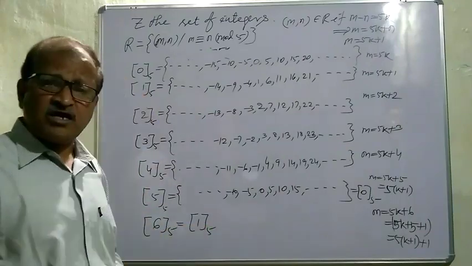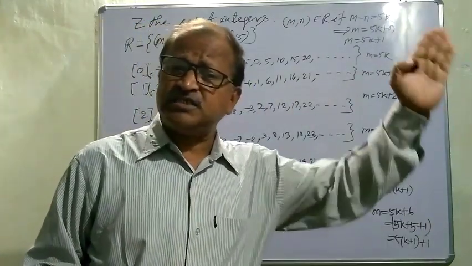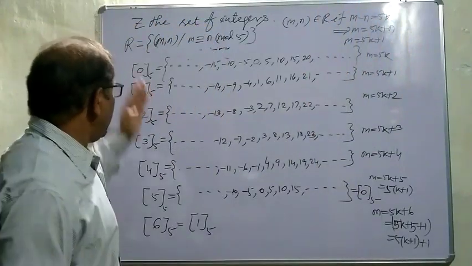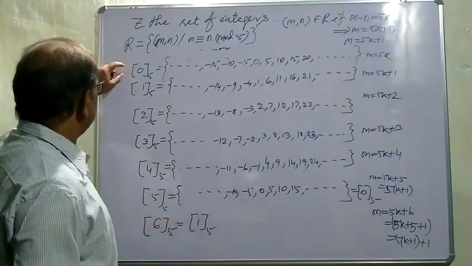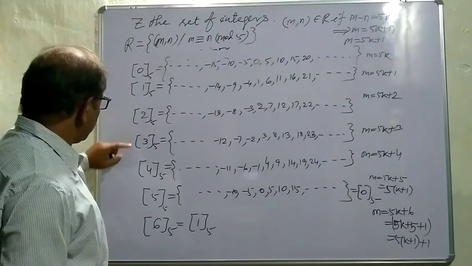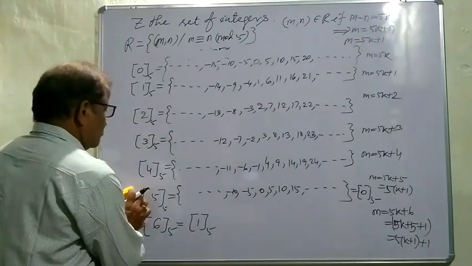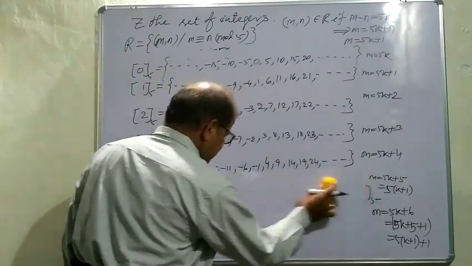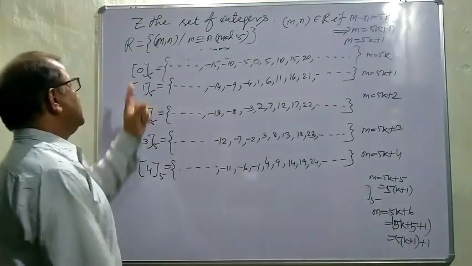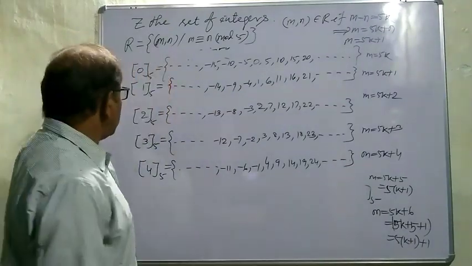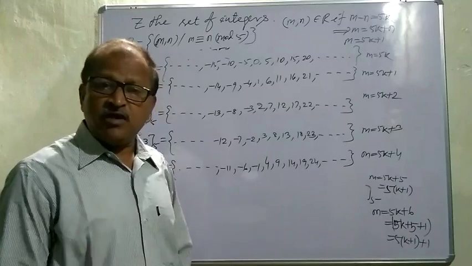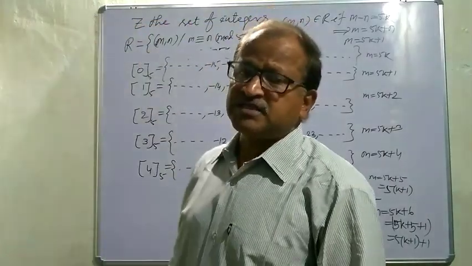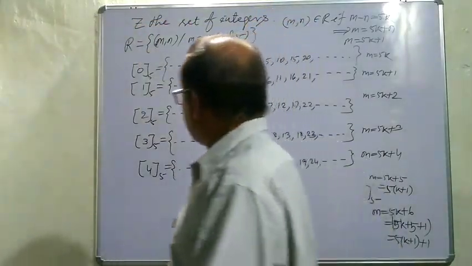We will not get any other distinct equivalence class other than these 5. So you see, these are the equivalence class of 0, equivalence class of 1, equivalence class of 2, equivalence class of 3, equivalence class of 4.